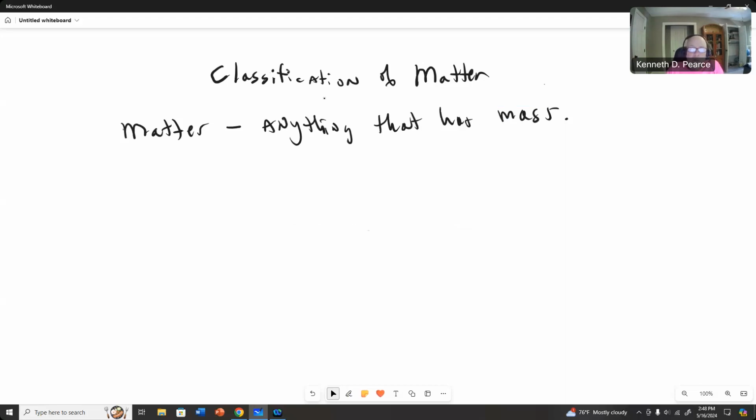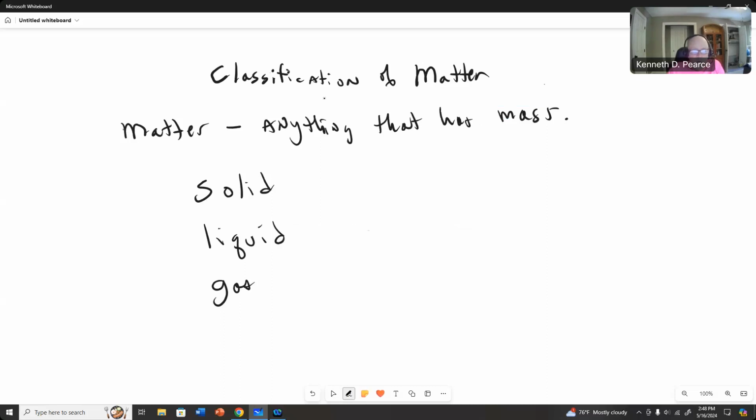All right. Now, there's really only 3 things that we need to classify, and that is whether something is a solid, a liquid, or a gas. And what makes the difference between these 3? Here are your 3 phases.